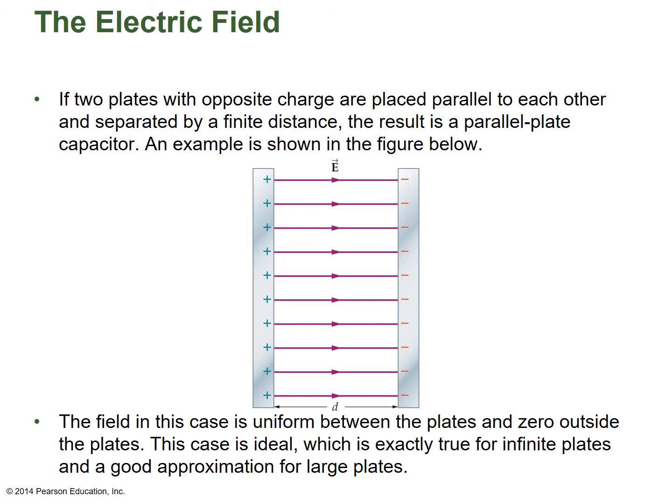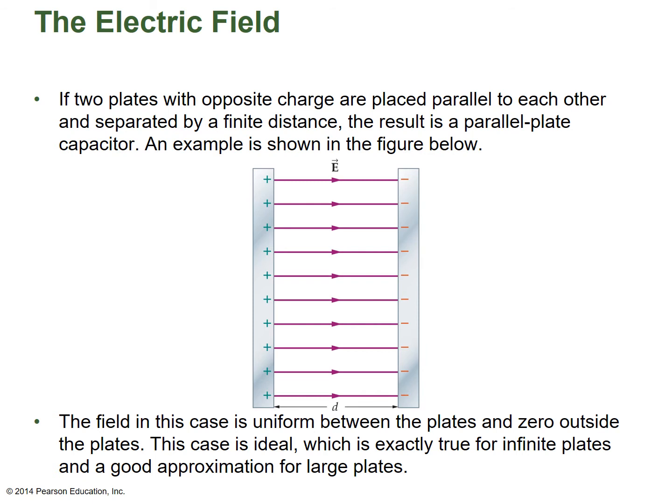But if you take a point between the two plates here, you will see that there is a net electric field. The net electric field comes from the positive plate and from the negative plate, and the two fields point in the same direction.